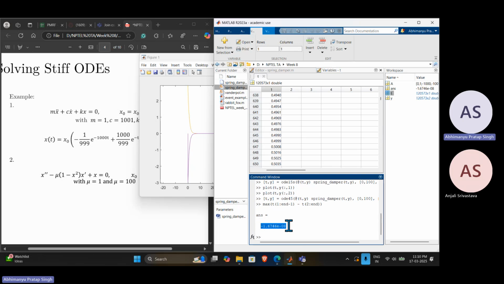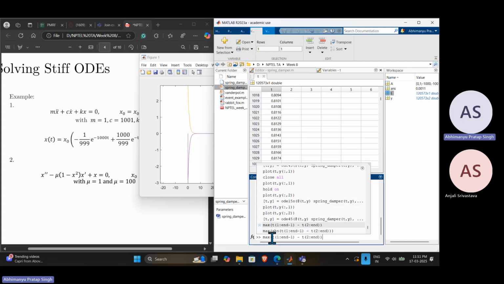That is the maximum time step which the system has taken. Actually, the maximum time stepping it is doing is 0.0011, so on the scale of 10 to the power minus 3, right?